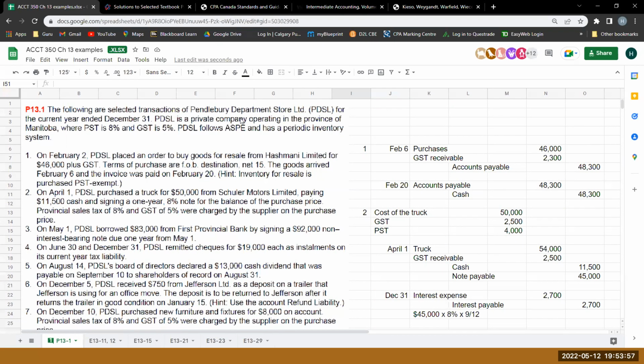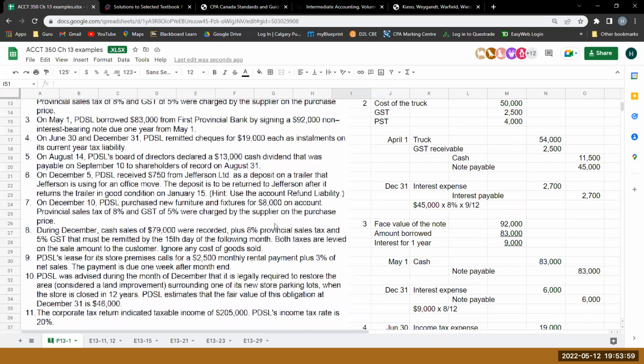We're a department store. I don't know where the trailer came up. Maybe this company, like Home Depot, will rent out equipment, so maybe they're also doing a U-Haul type service. Somebody is renting out a trailer and we've taken a damage deposit from them.